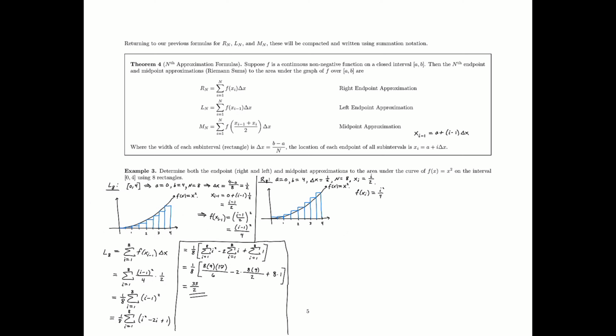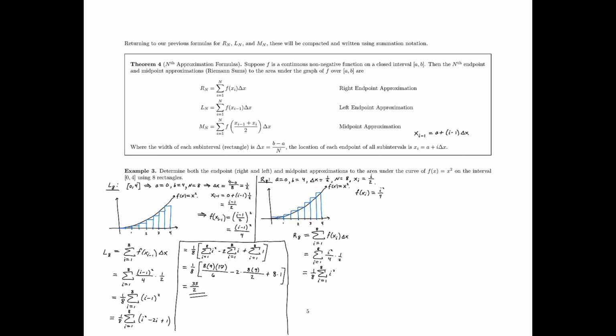Okay. So to continue here, R sub 8 is the sum from i equals 1 to 8 of f of x sub i delta x, which we can replace in some information. This is i squared over 4 times a half. Again, we can factor out the 1/8 constant that we have.